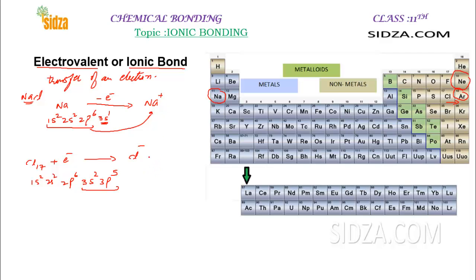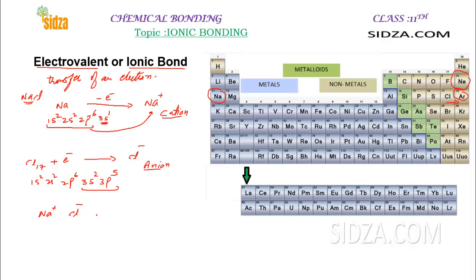Now when you get the two ions, we have the cation, the ion with the positive charge, and the anion with the negative charge. Now these ions come close together, and the force of attraction between the two ions pulls them together, and they form a crystalline solid.